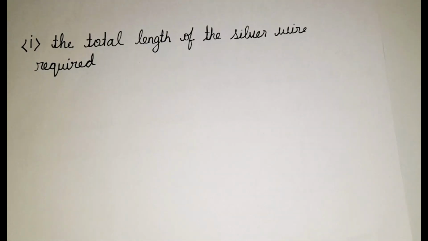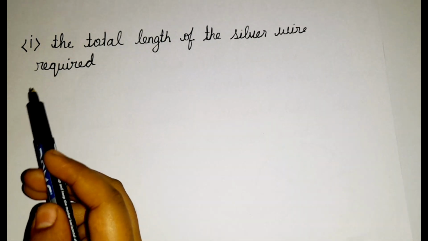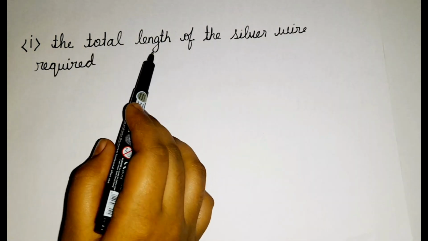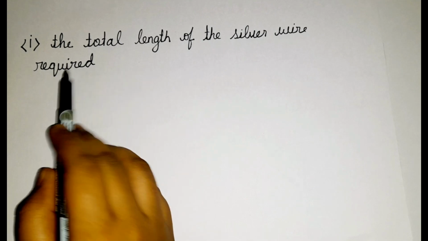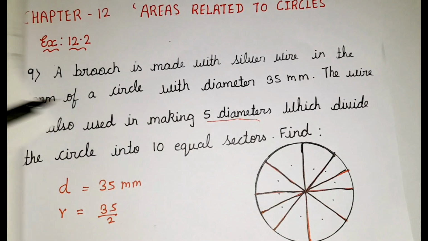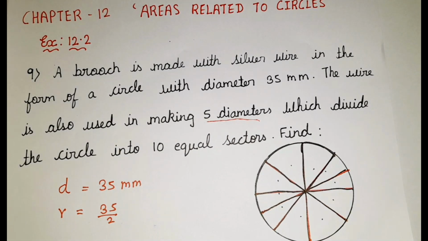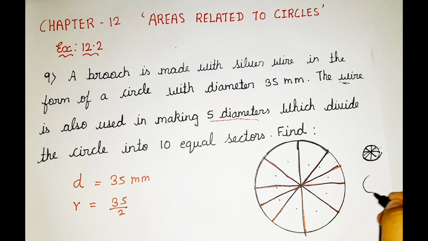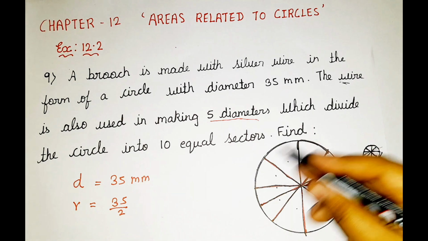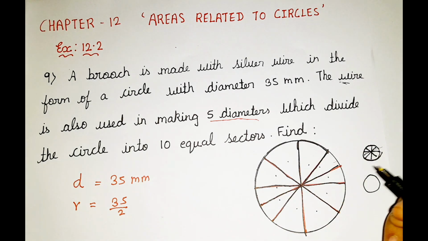This is the first subdivision. In this first subdivision, we are supposed to find the total length of the silver wire required. According to the question, this brooch is made up of silver wire. I just told you that this is a boundary, am I right? The silver wire is used for making the boundary, the outer part of the circle, and it is also used for making the 5 diameters.